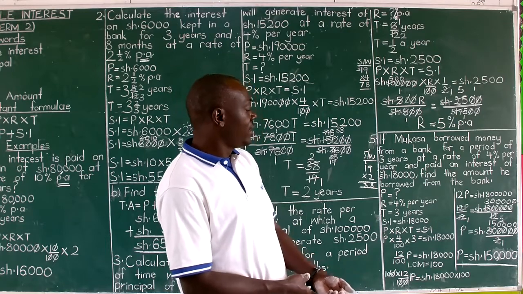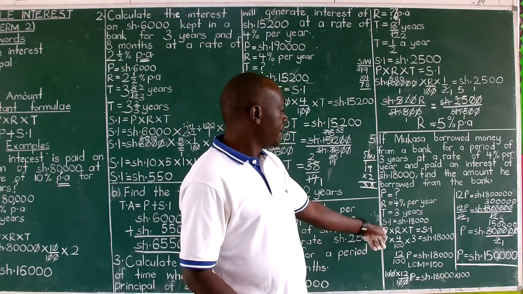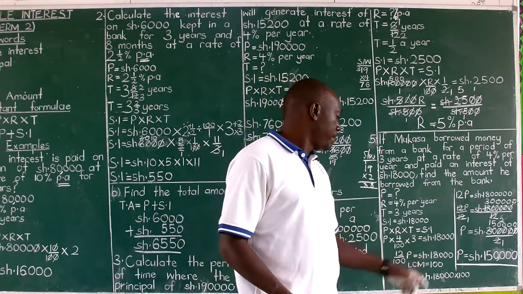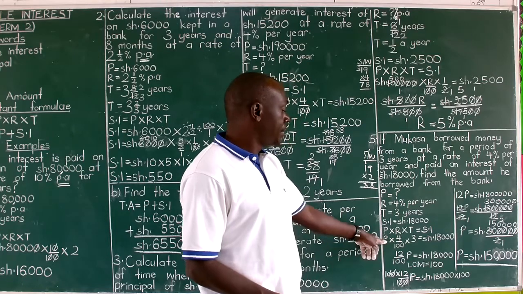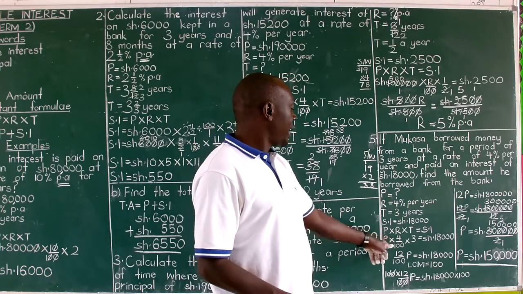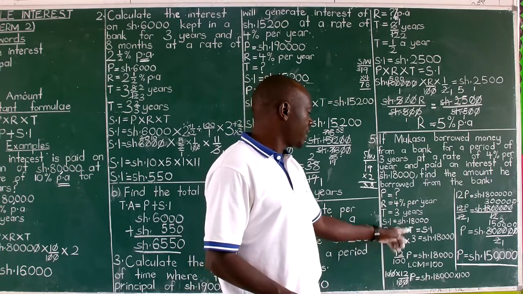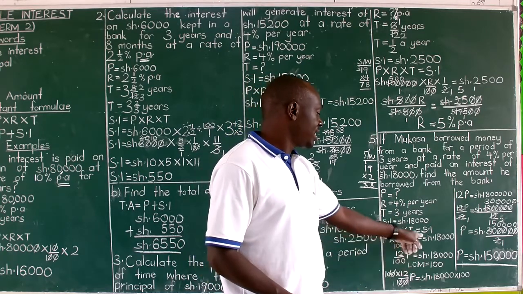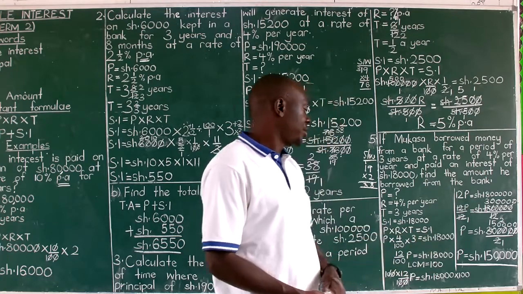So being given rate, time and simple interest, we ask for principal. We work with the formula of simple interest, but starting the other way around: principal times rate times time is simple interest. Here P is unknown, remains P. So P times the rate, which is 4%, as a fraction is 4 out of 100, times the time, which is 3 years, equals the simple interest of 18,000 shillings.